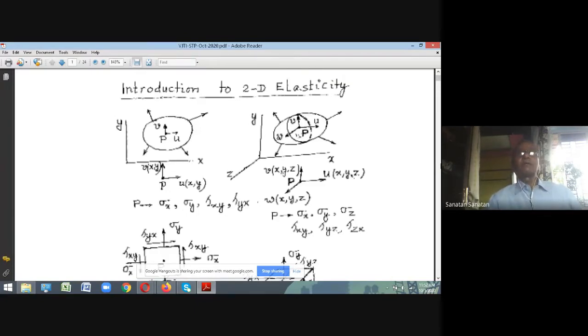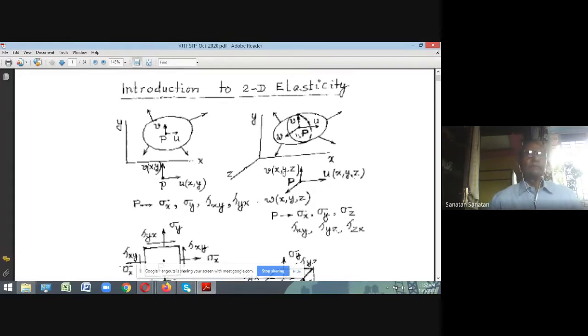So if you are going to solve this problem, you have to find the displacement at every point of the body, in the whole geometry, under the action of the boundary forces which are keeping the body in equilibrium. That's the problem.